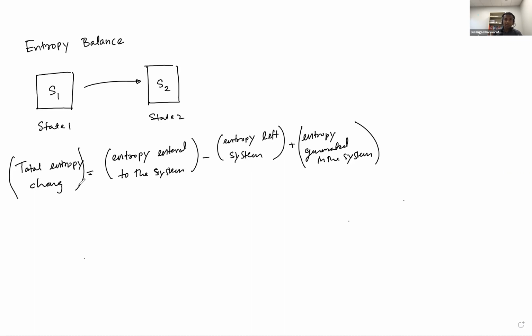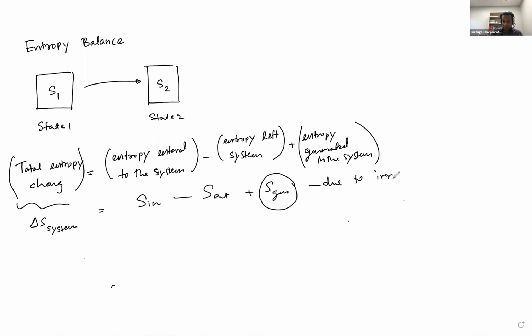Okay, so we can say that this is actually delta S of the system, the entropy change, and then we can say this is S in minus S out, and plus S gen. Now we know that entropy generation is due to irreversibilities.